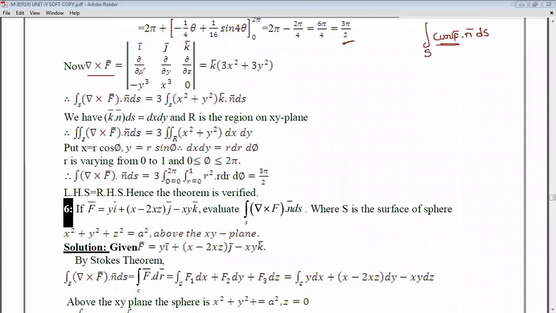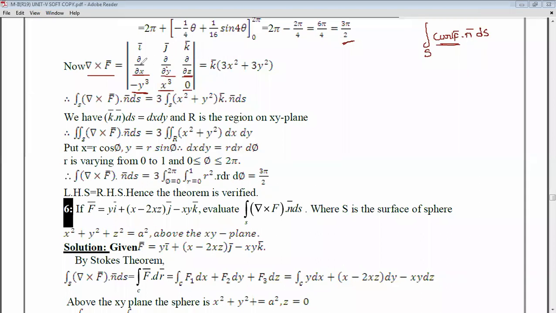I, j, k, and del: I coefficient is dou by dou x, j coefficient is this, and k coefficient is this. And now in f bar, I coefficient is minus y cube and j is x cube, and there is no k coefficient, so we put it as 0. For I, dou by dou y of 0 and dou by dou z of x cube, both 0. So there is no I coefficient.